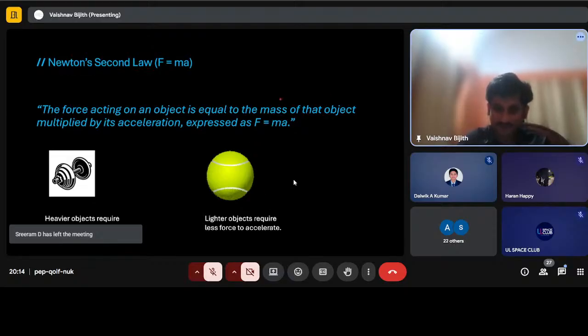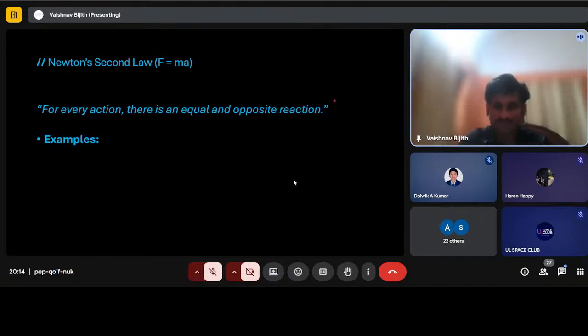Okay, so now let's move on to the third law, which I think is popular among everyone and very easy to remember: for every action, there is an equal and opposite reaction. As an example, say you're standing on a boat in a river, and we try to jump from the boat.